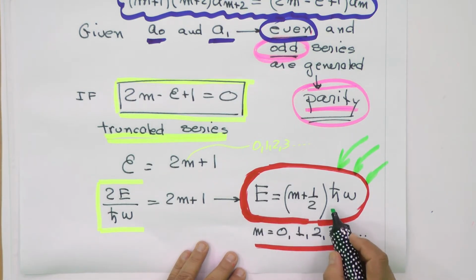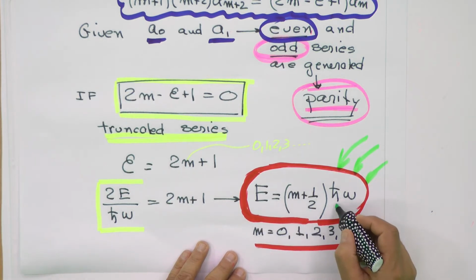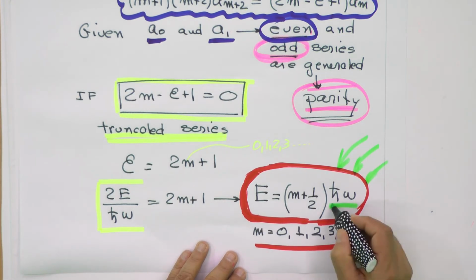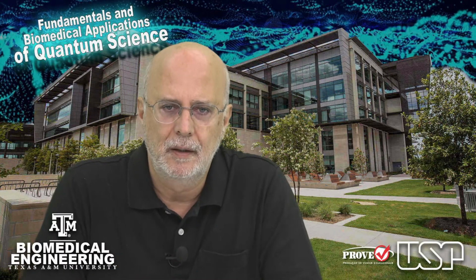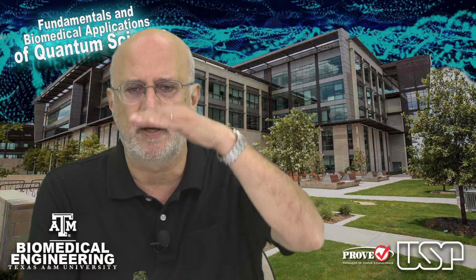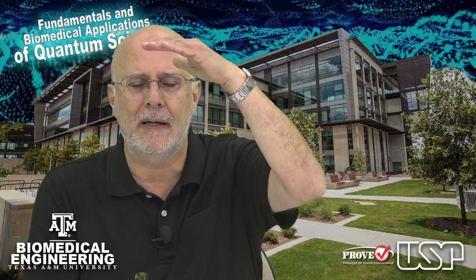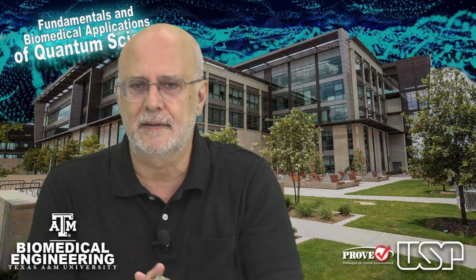It needs to be a semi-integer number times h bar omega. H bar omega is what we call the quantum of energy of the harmonic oscillator. If you have a particle with an energy, it has to get an extra h bar omega to go to the next level, and next, and next, and next.